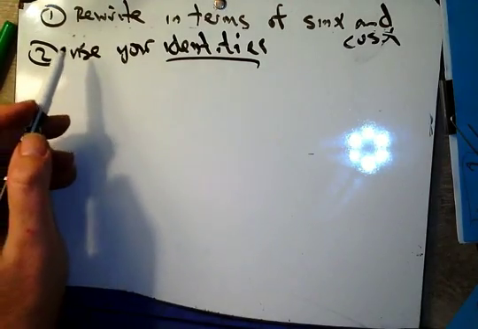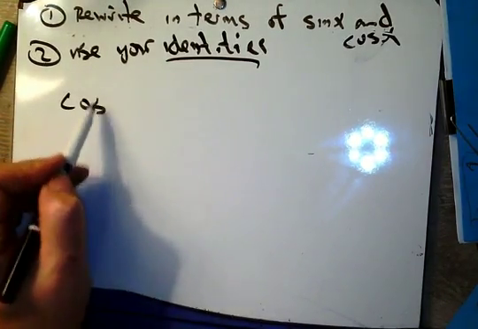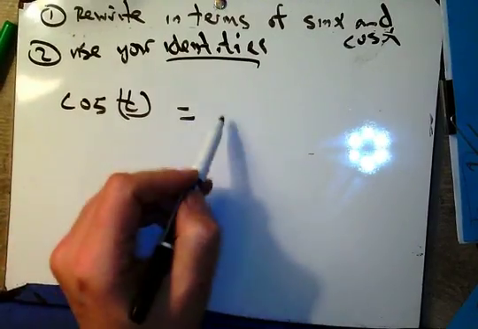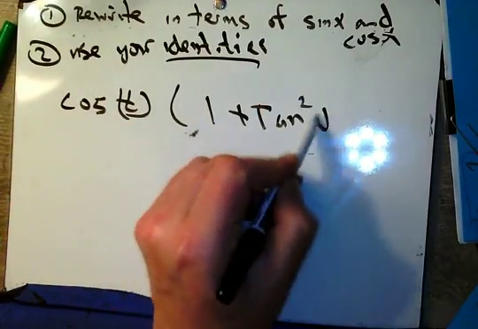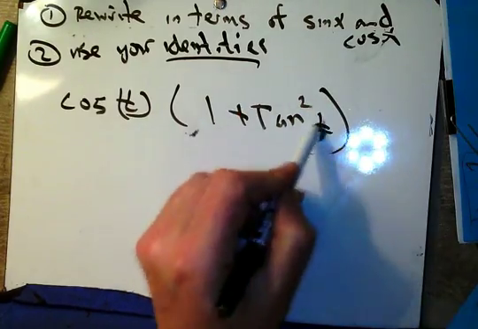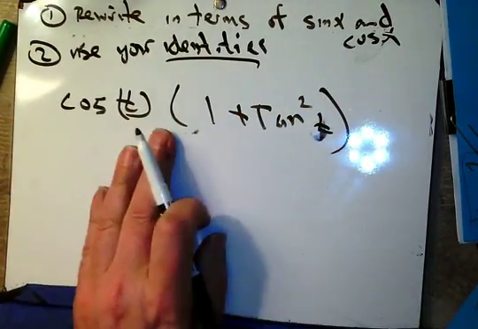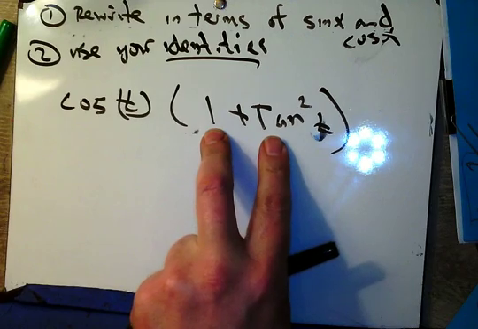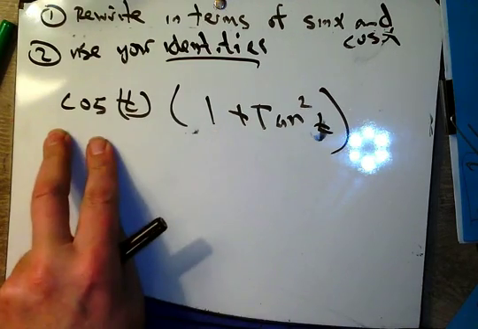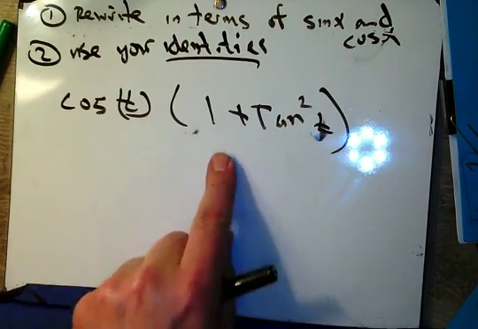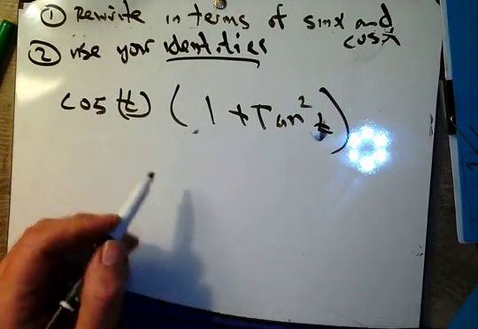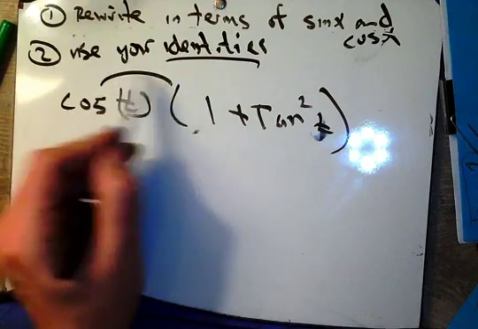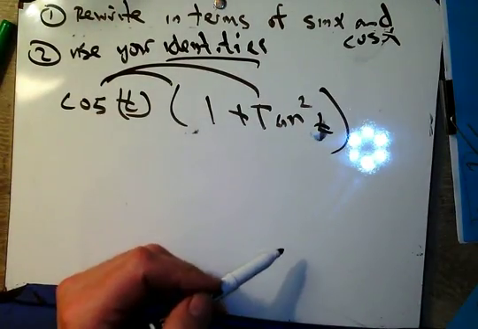Okay, so we're looking at cosine t times 1 plus tangent squared t. The first time we went through and did this problem, we used our identities and called that secant squared. And then we wrote secant squared as 1 over cosine squared, so we can cancel that cosine. Well, I'd like to use a different strategy now. I'd like to distribute.